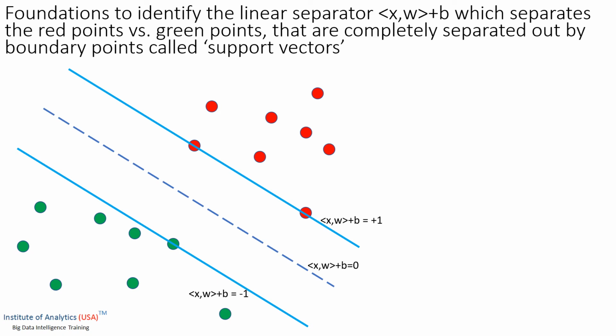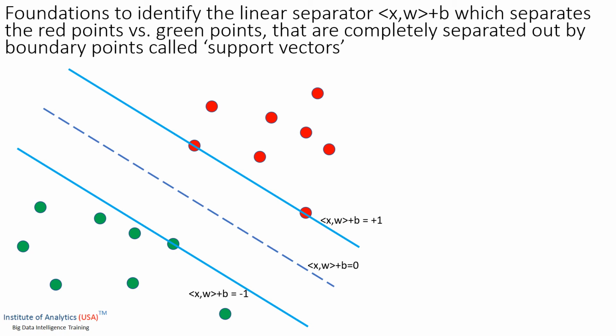So that's why this is a very powerful method, because these support vectors are the features that completely solve the problem in an efficient, beautiful way. Our purpose is to find the general equation for the dark blue dotted line, and it is determined only by these 3 points, 2 red points and 1 green point.